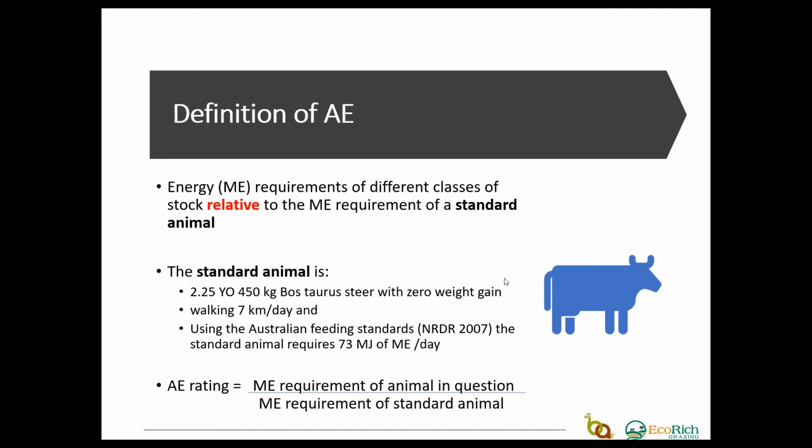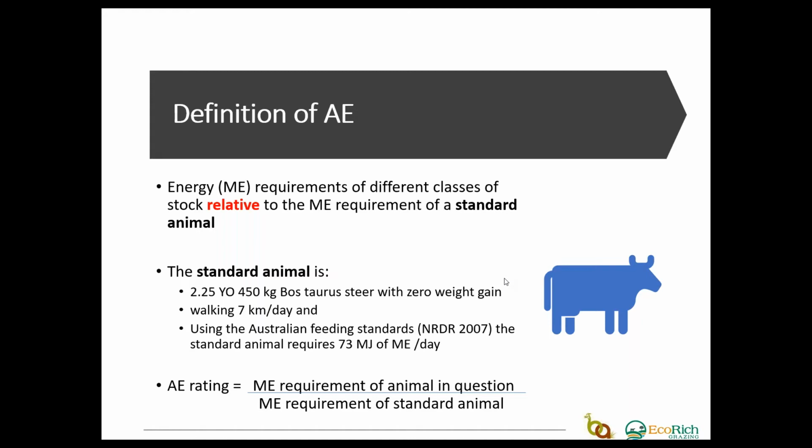The outcome of that was now we have 2 sets of equations: the original NRDR, or feeding standards equations, and then a set of modified equations which Stu adjusted to better match predicted and observed intake for cattle on tropical pastures.